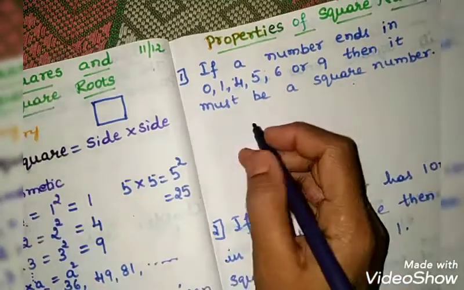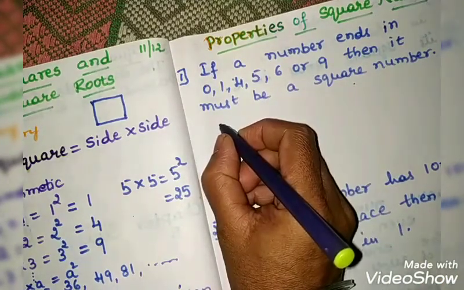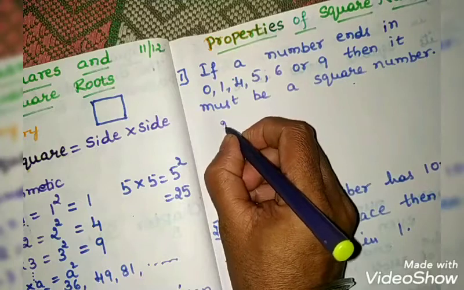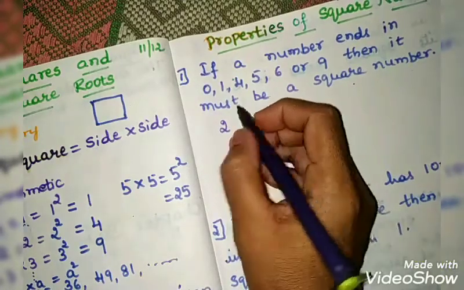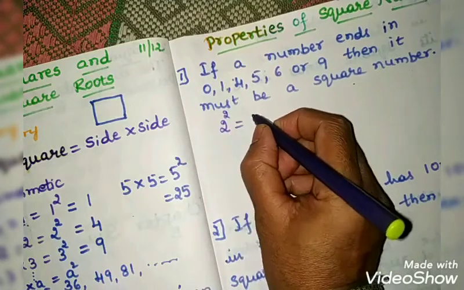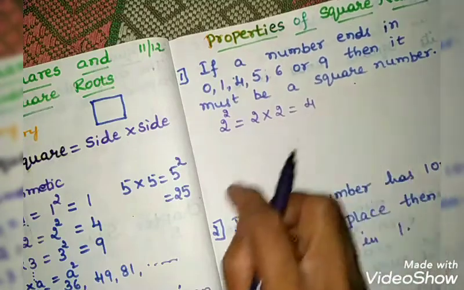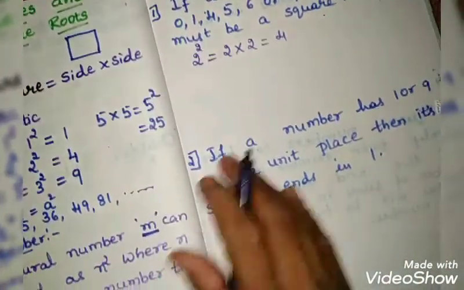Okay. Now, for example, you take 2. What is its square? We are writing 2 square, or 2 into 2 is equal to 4. It ends with 4, right? Let us try big number.